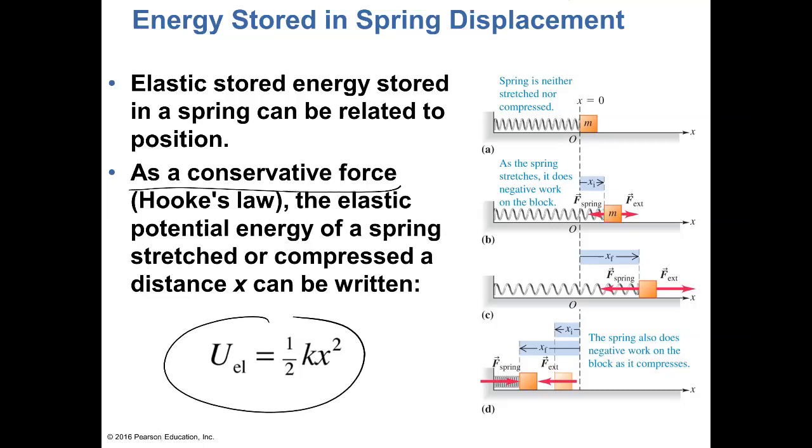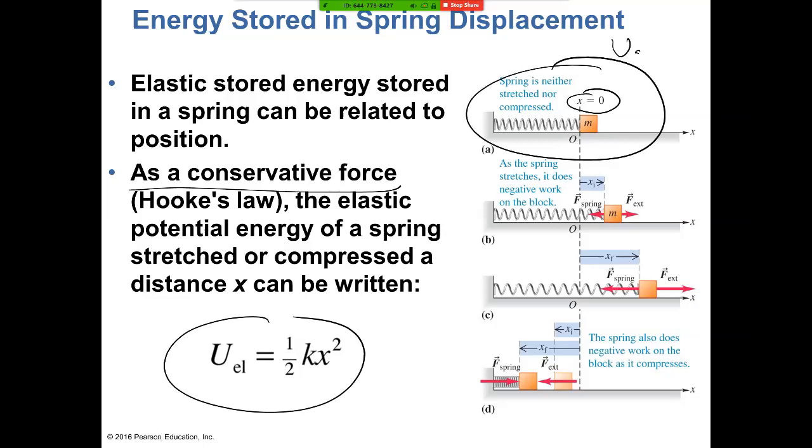One of the things you can see here is that, right here, the spring system is in equilibrium. You have the spring and you just attach the mass, but the spring is neither stretched nor compressed. So we take that equilibrium position to be x equals 0, and elastic potential energy is 0 when the spring is in equilibrium, just like the gravitational potential energy is 0 when the system is at the reference point.